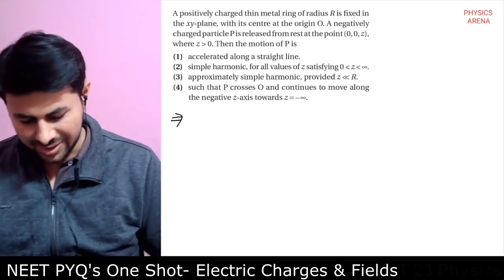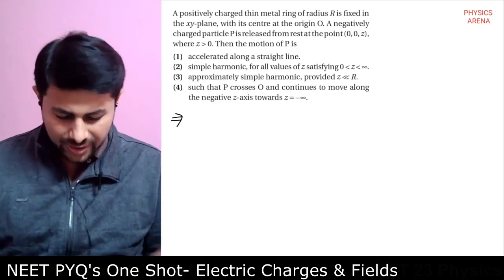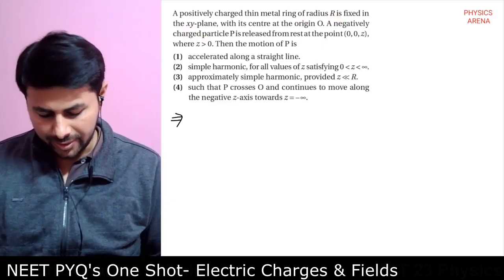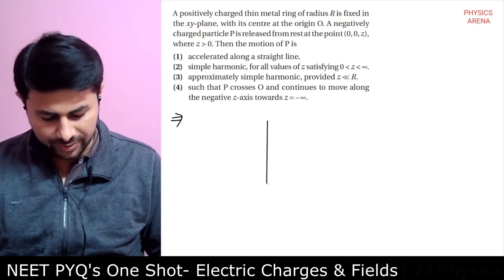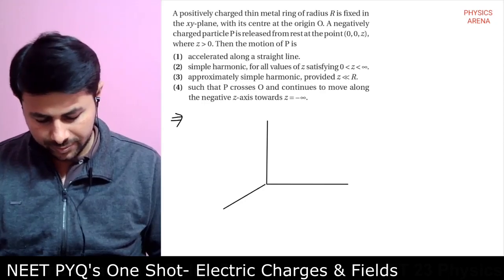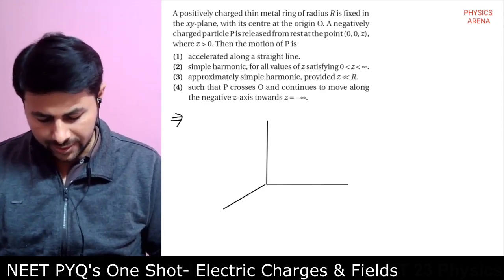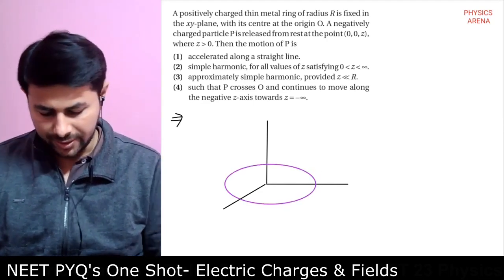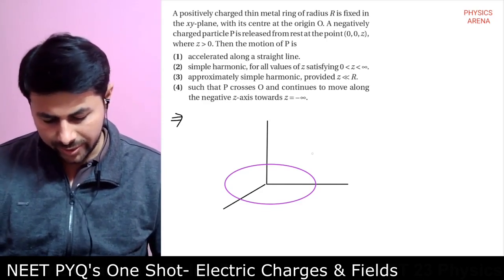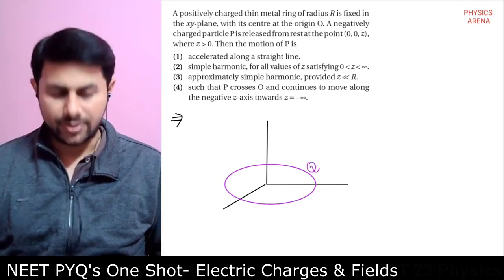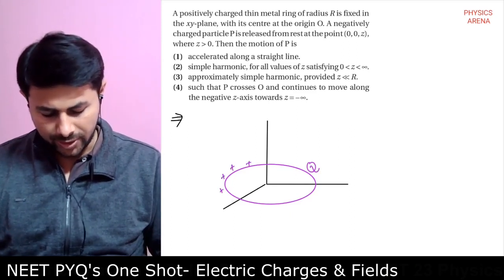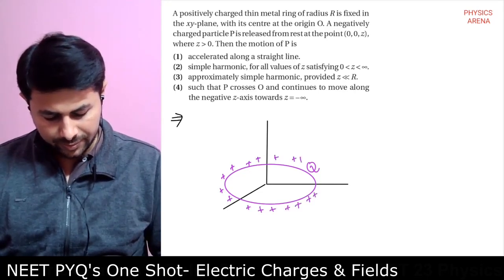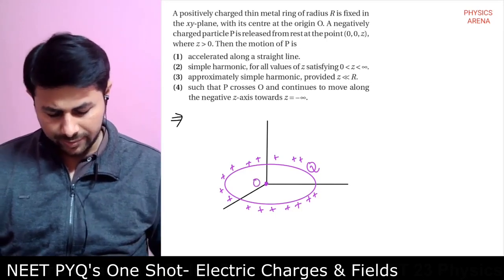I like this question. There is a metal ring which is fixed in the xy plane. So once again, let's imagine the xyz axes. The metal ring is placed in the xy plane. This is the metal ring. It is positively charged, with charge, suppose, capital Q. This is the center of the ring.